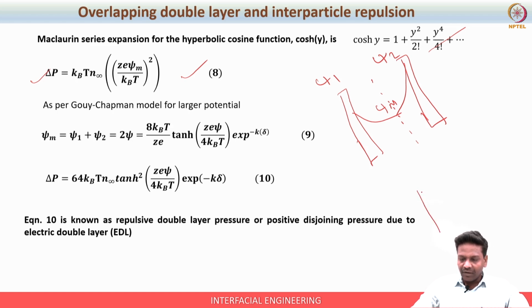So let us say you have this plate, when the electric force due to the electric field acts on the other plate, where this electrical double layer is nothing but the sum total of the potential acting on plate 1 and the potential acting on plate 2 will be taken into consideration. So that comes from the principle of superposition. Okay, so that is nothing but psi 1 plus psi 2.